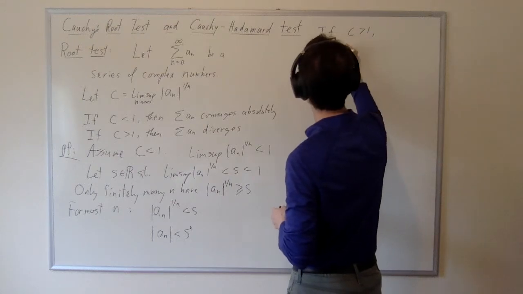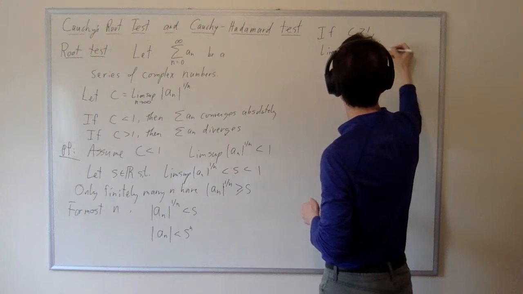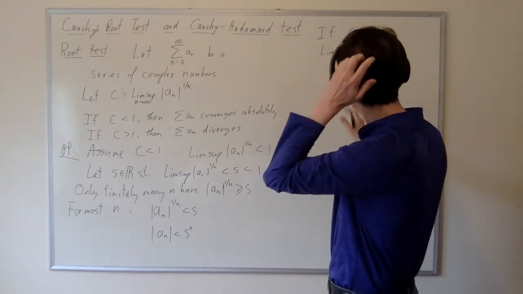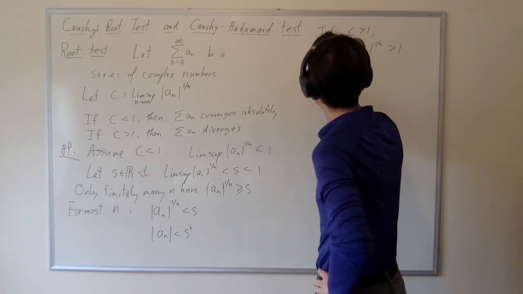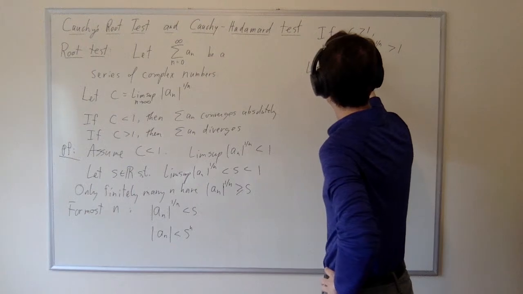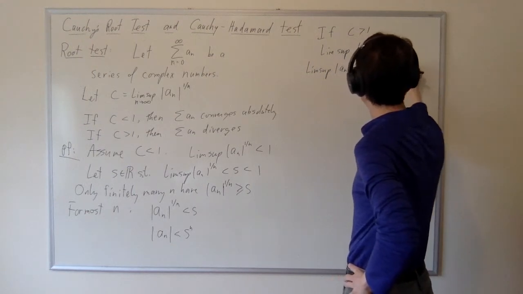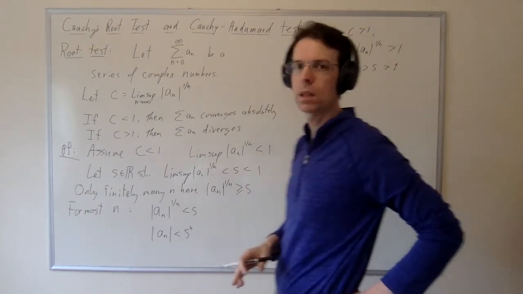So then the lim sup of the absolute value of a_n to the 1 over n exceeds 1, then we can find some other S in between these. So let's find some S such that the lim sup of a_n to the 1 over n exceeds S, which exceeds 1. So S is slightly more than 1, and S is slightly less than the lim sup.